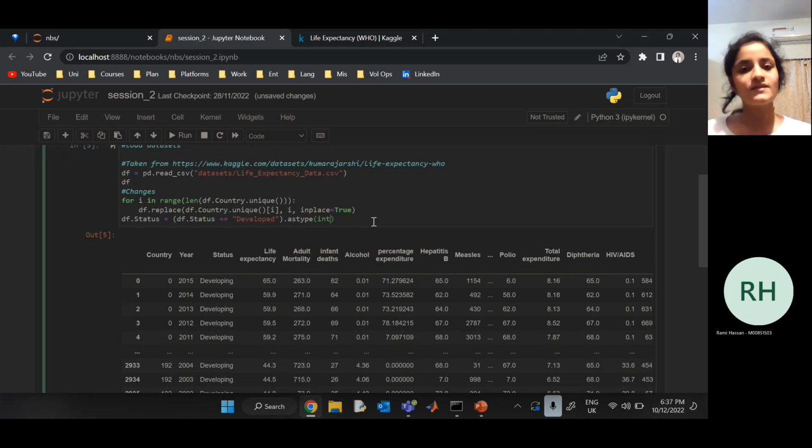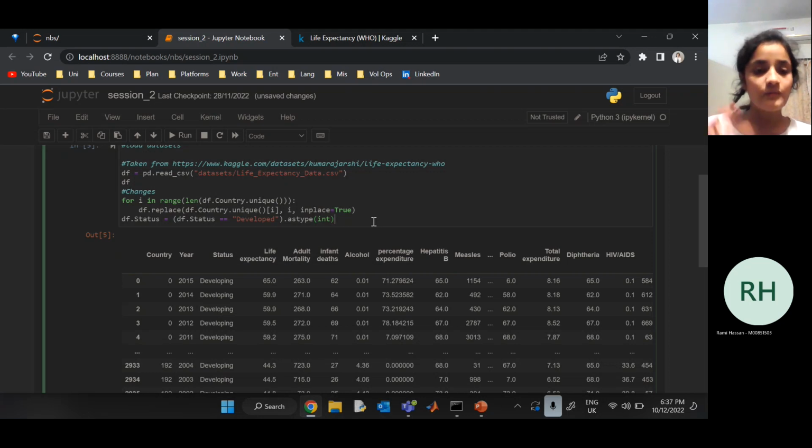So basically, you're turning this column into ones and zeros. If it's developed, it's going to turn into 1, and if it's not developed, it's going to turn into 0. So remember this syntax, okay? You assign this condition .astype int to that column, and if the condition's true, it'll be 1. If it's not true, it'll be 0.